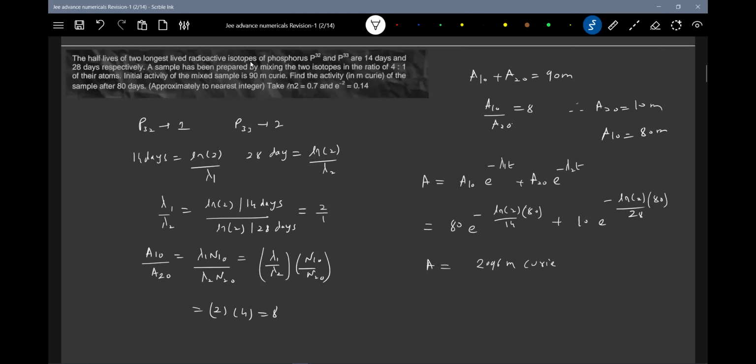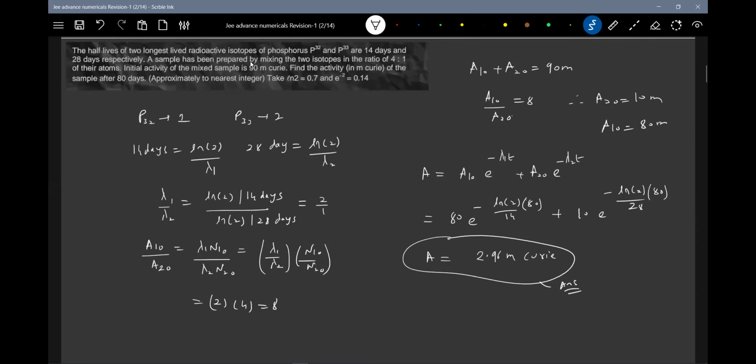Nearest one, okay, yeah, fine. These are very popular. You can make it 3 millicurie. With a numerical base 2.96, you write. If it is an integer answer, you have to round it off to 3.